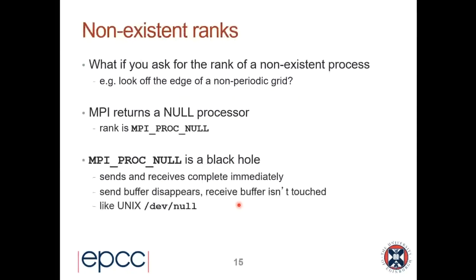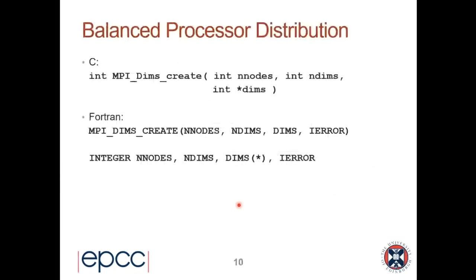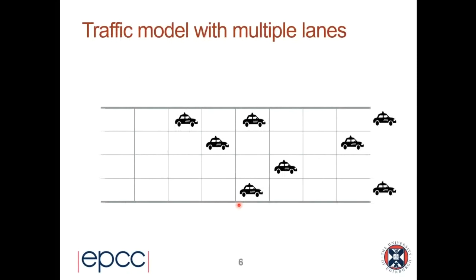Imagine that I've taken this domain and split it up, and I have a different process assigned to each lane, okay? And the lane is split up. So imagine I had 8 processes here, 4 down the way and 2 across the way.